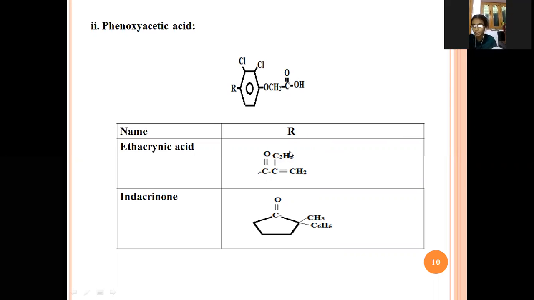See here, in the second position ethyl group is there, and 1, 2, 3, 4, 4 carbon atoms are there, means butane. So ethylene butanoyl, oxygen is there. So ethylene butanoyl is attached at the R position. And here in second and the third position the chlorine atoms are there. And in the first position the acetic acid is attached.